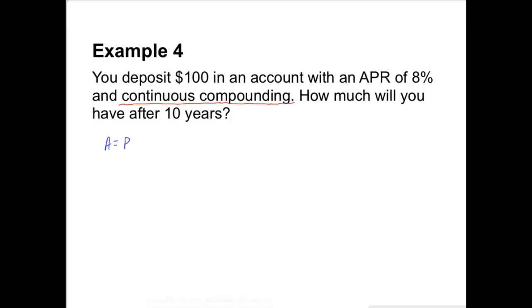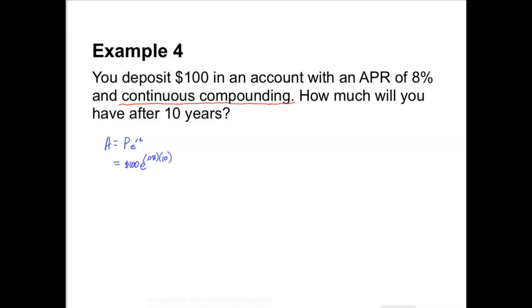So A equals P e to the rt, where r is your annual interest rate, t is time in years. So $100 times e to my interest rate, which is 0.08, times the number of years, which is 10.